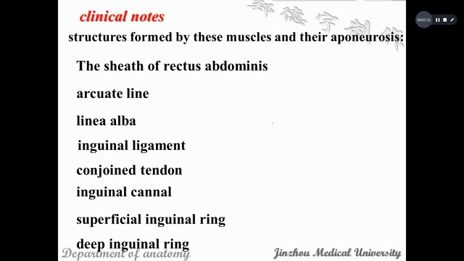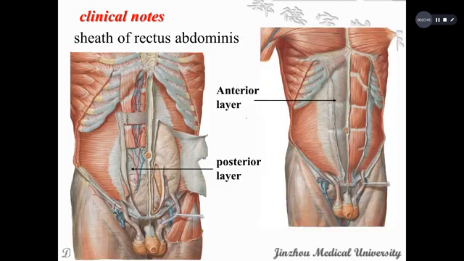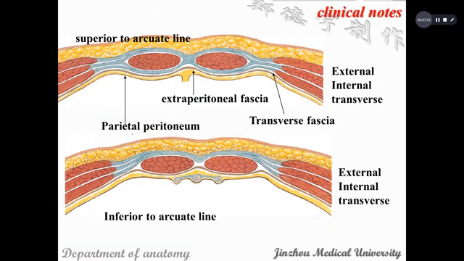And then this clinical note is good to understand. And then those three flat muscles come from those structures. The first one, the sheath of the rectus abdominis. It means from the sheath of the rectus abdominis. And then let's see.